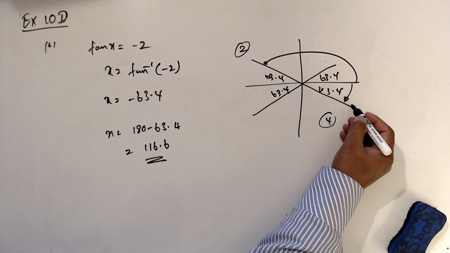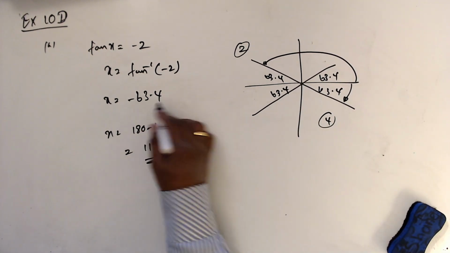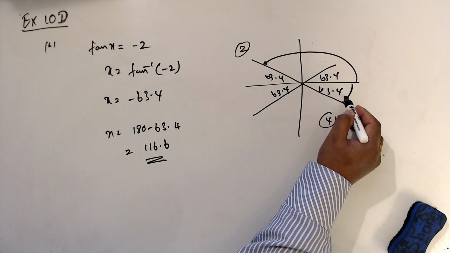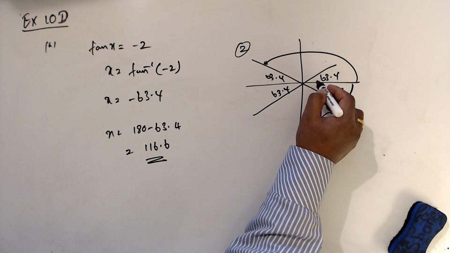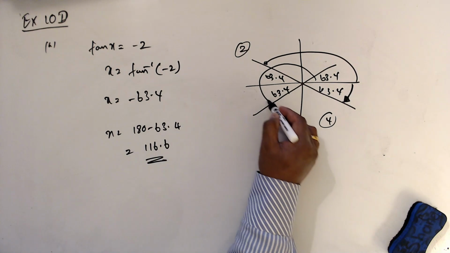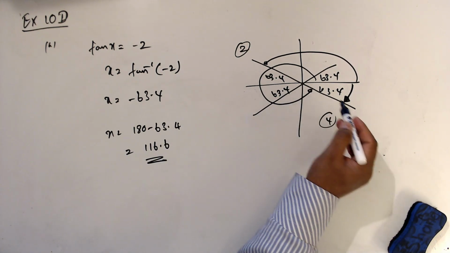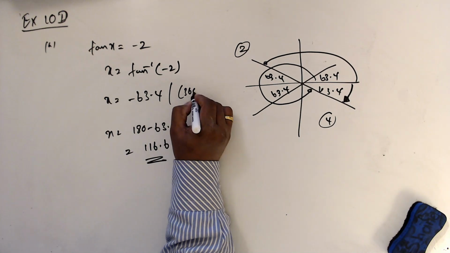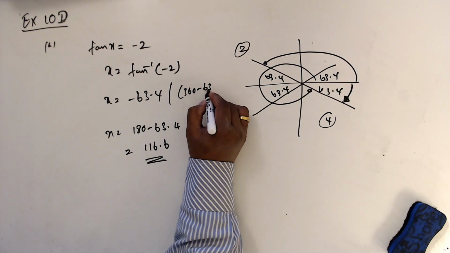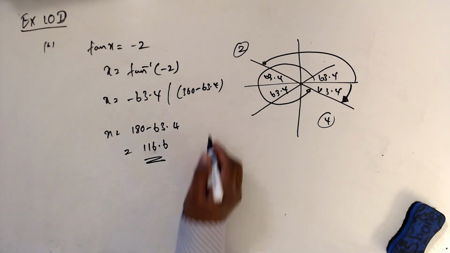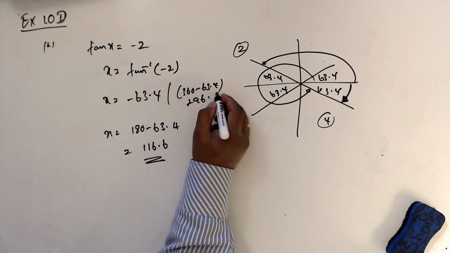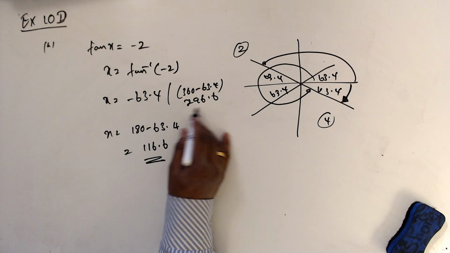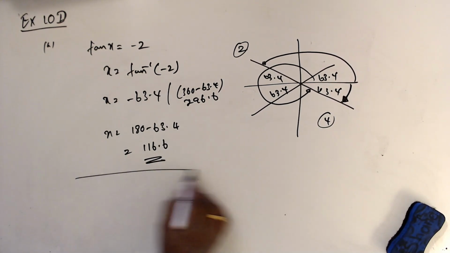If you need a positive answer for this one, instead of measuring the clockwise, go anti-clockwise. So this means 360 minus 63.4, 296.6. It totally depends on the range.